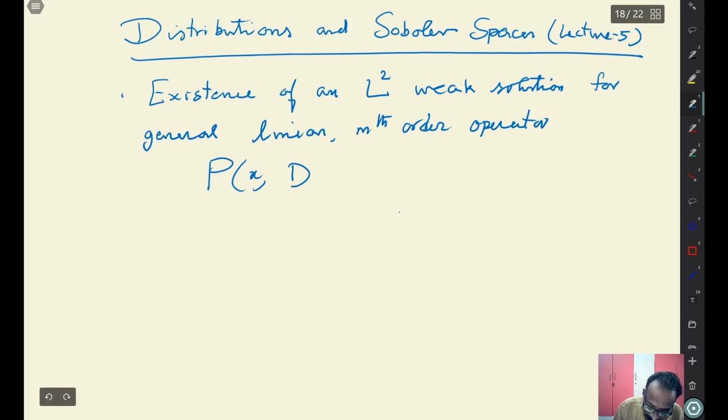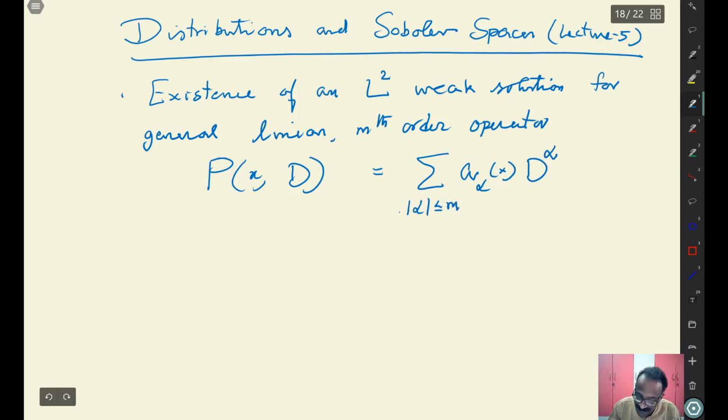This is your operator P(x, D). A linear operator should look like the sum of a_alpha(x) D^alpha, where mod alpha is less than or equal to m. To be a genuine nth order operator, at least one of the coefficients of the largest term should be non-zero, such that a_alpha is not equal to 0 for some alpha with mod alpha equal to m.